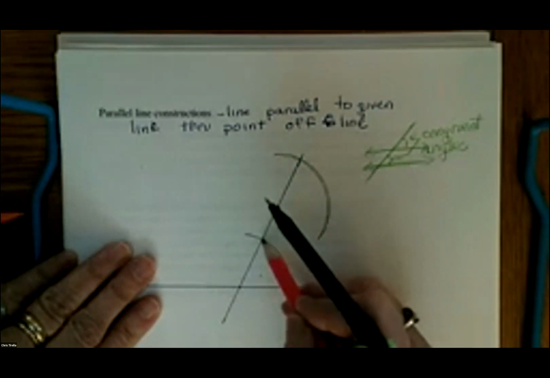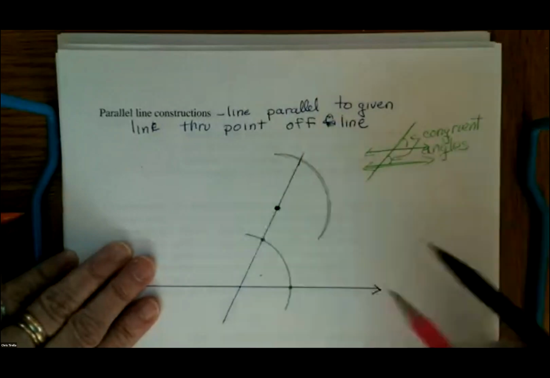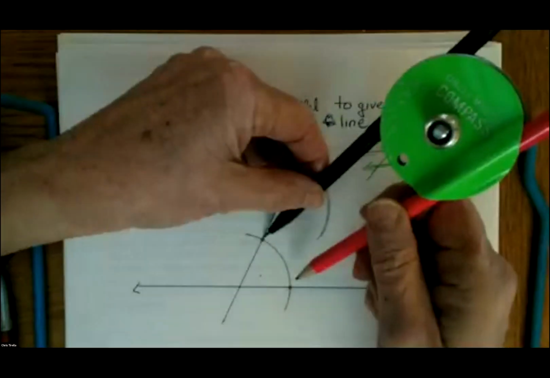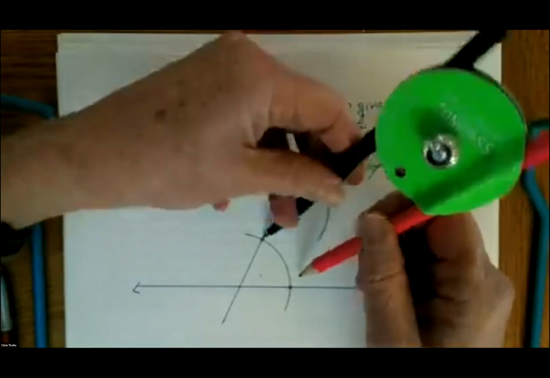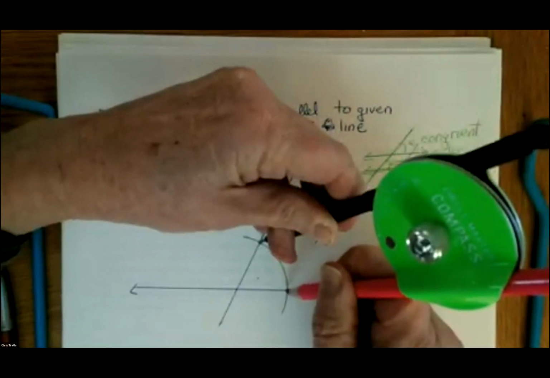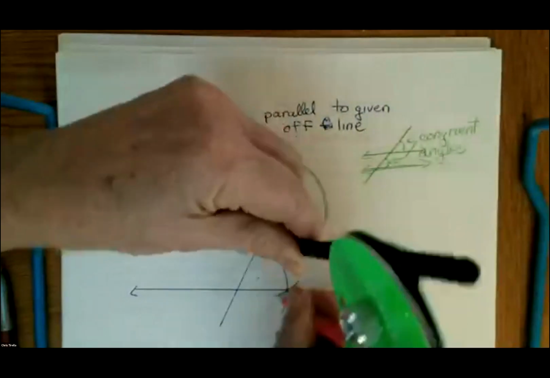And then again, we said that it's important that it crosses at 2 points. We're going to use both of them. But with this construction, we're going to put our compass tip at one and our pencil point at the other, and swing an arc.